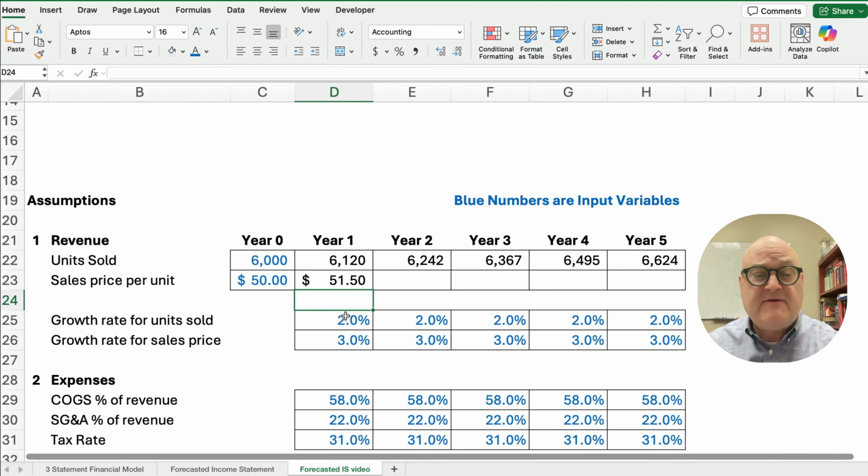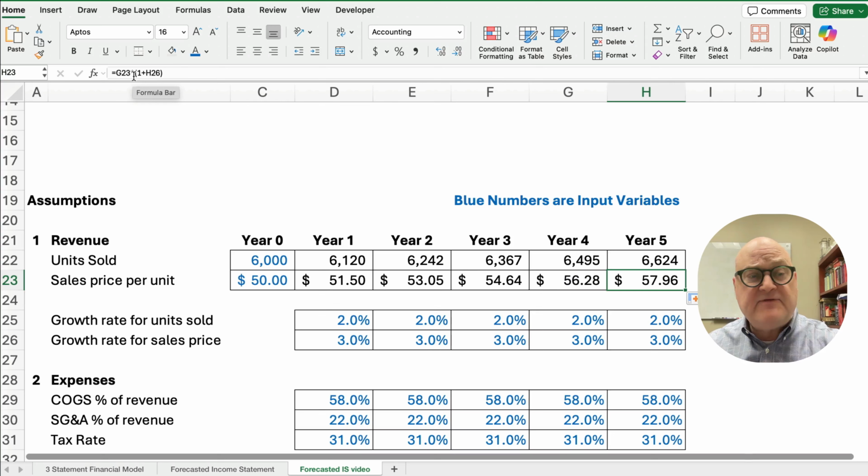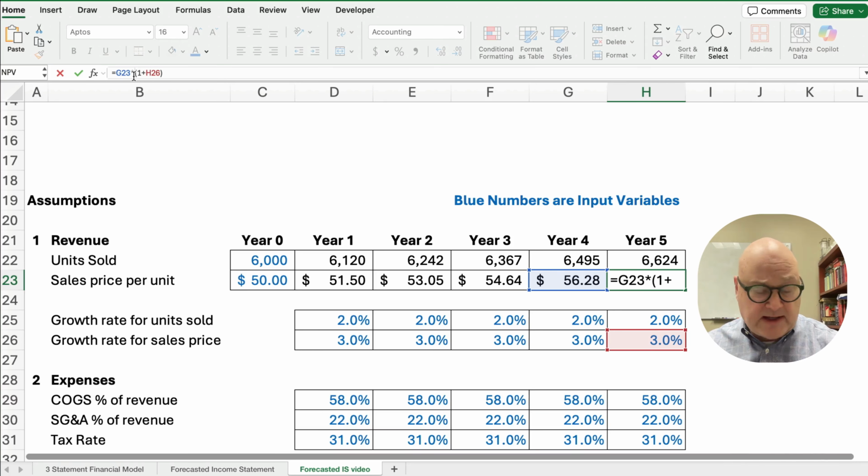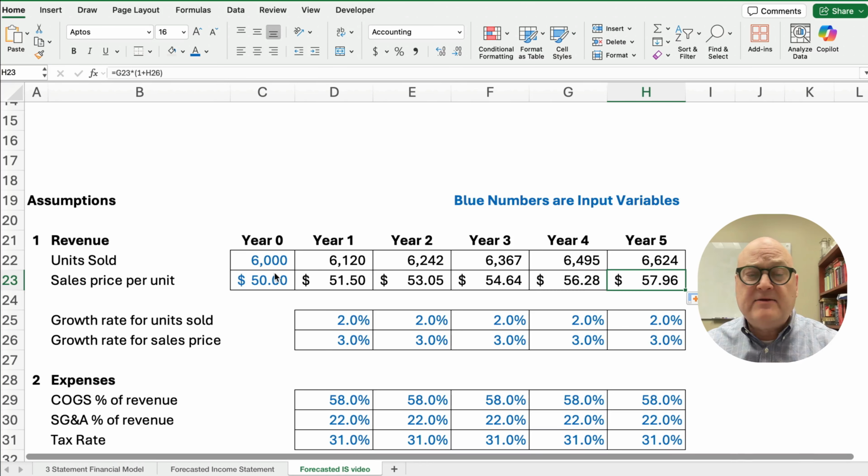And that will be 51.50, and then that will grow, taking the bottom right-hand corner, left click, and drag it across, and that creates the formulas all the way across. We can copy and paste if you want to. I just think it's a little bit easier if you drag that all the way across. So you see here I have a formula, and it's taking 3%.